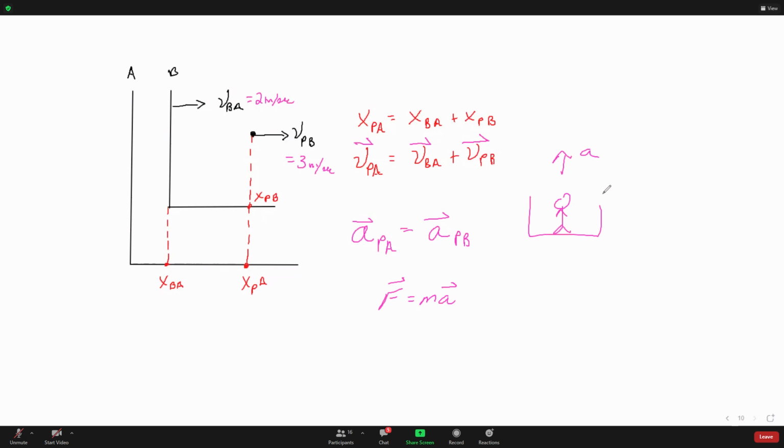Well, in the frame of the elevator, I am not accelerating, am I? I'm not moving with respect to the elevator. So I have no acceleration. So a is zero, yet I feel a force. That's what I mean by the laws of dynamics fail in a non-inertial frame. F equals ma fails in a non-inertial frame. That's what I mean. Okay.